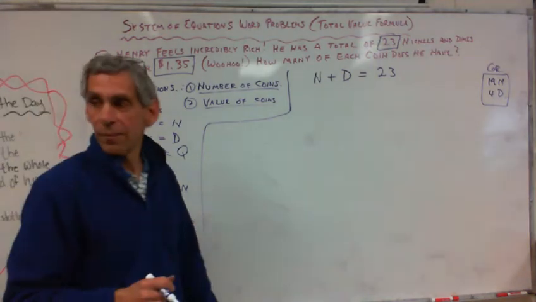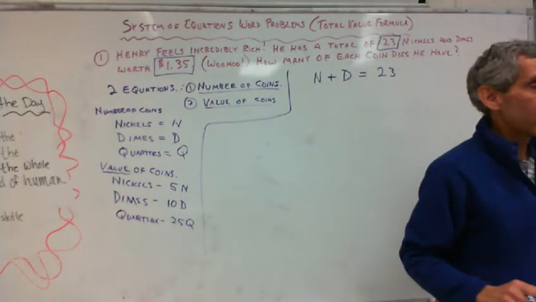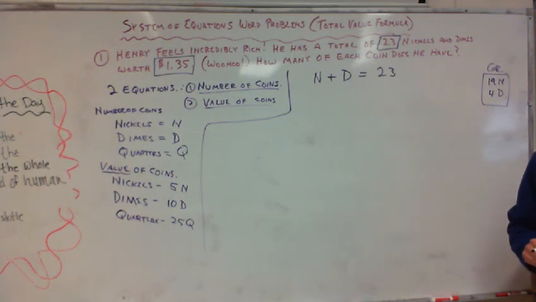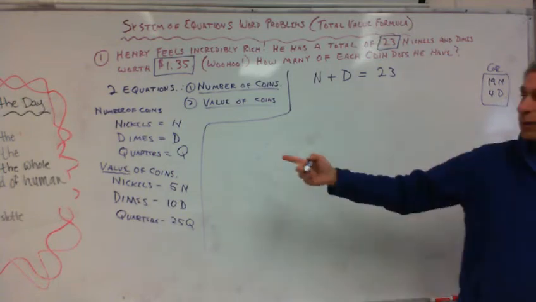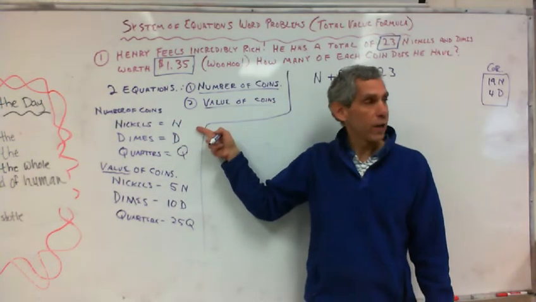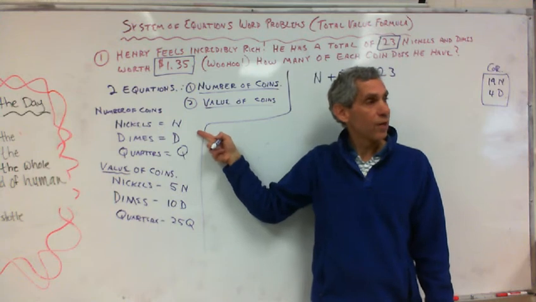All right, Graham, I'll give you another chance. N plus D equals $1.35, or 135 cents. But N stands for the number of nickels. It doesn't stand for the value of nickels. Stay with me. Look up here. This is what you write when you're talking about the equation for the number of nickels.